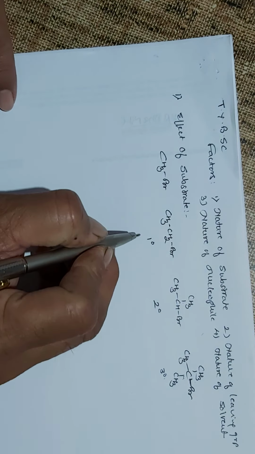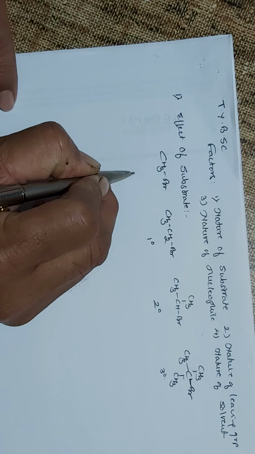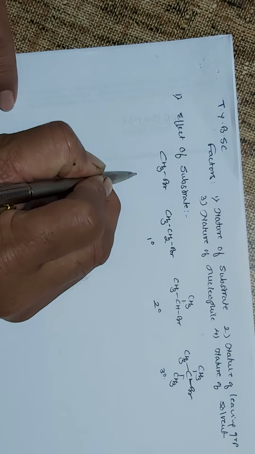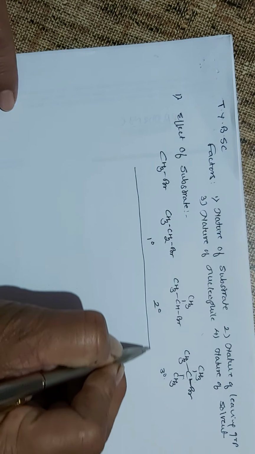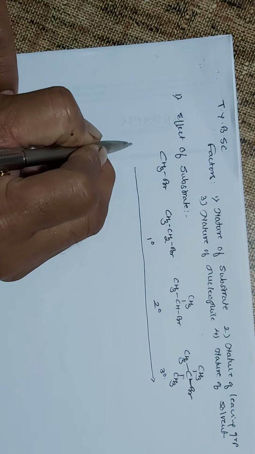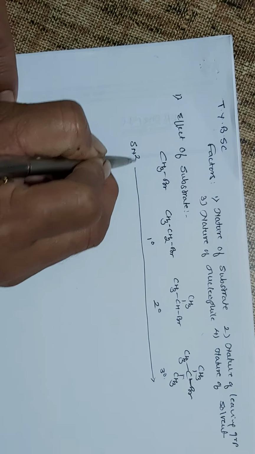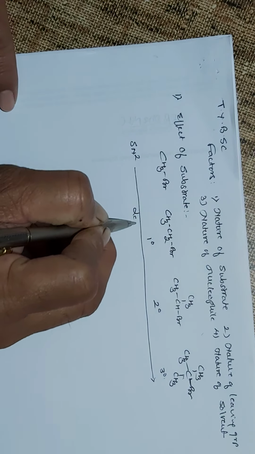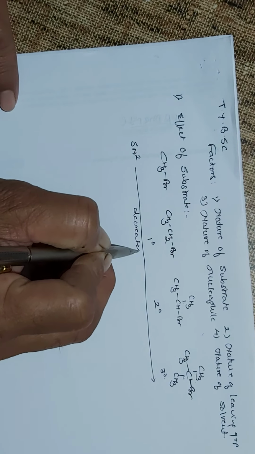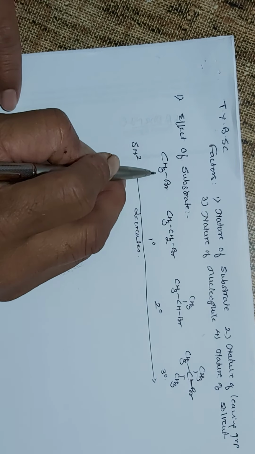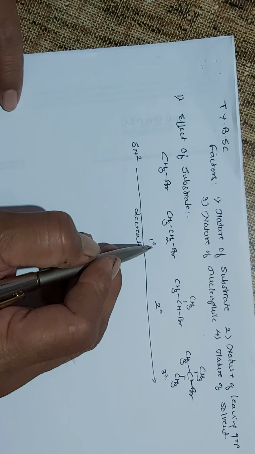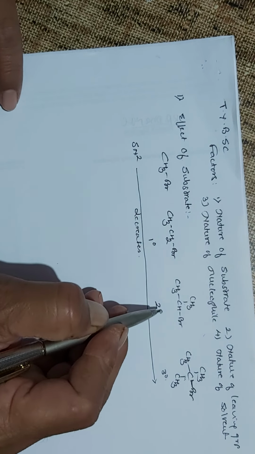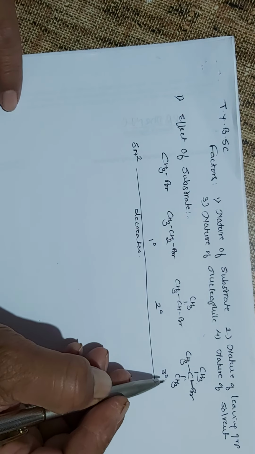And so the rate of the SN2 reaction goes on decreasing from methyl bromide to ethyl bromide to isopropyl bromide and to tertiary.